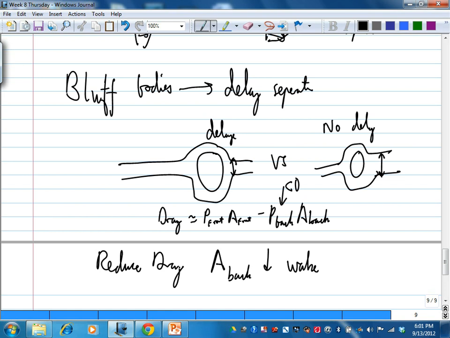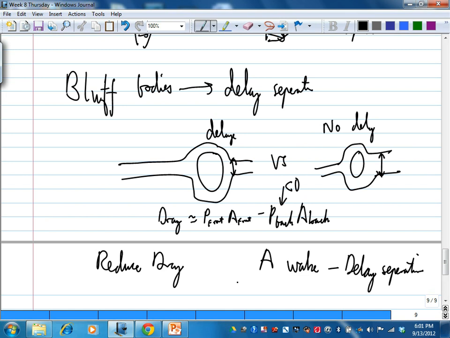So to reduce drag, you want to delay separation. Then you reduce the area of the wake. We're not reducing the area of the back, but the area of the wake is reduced.